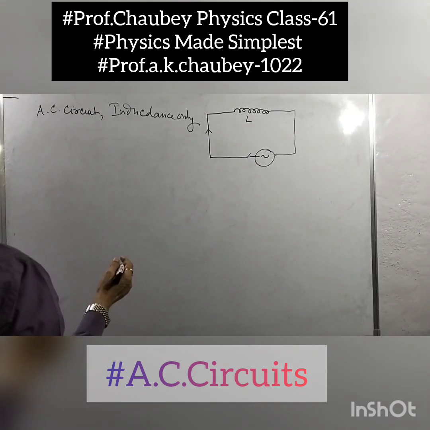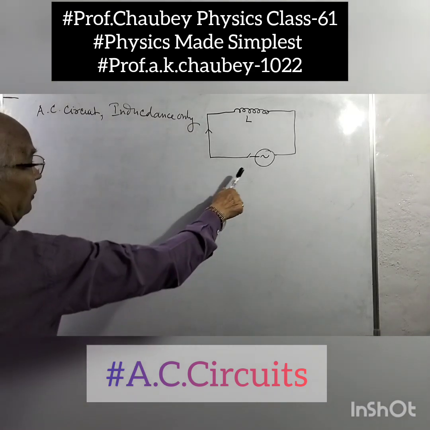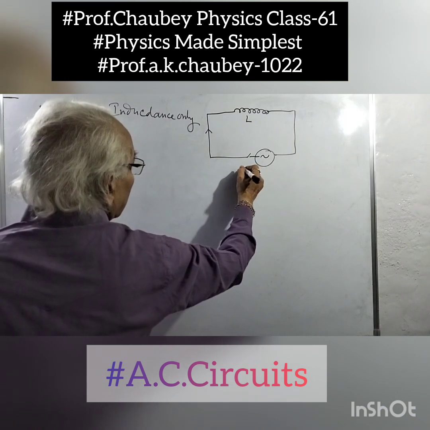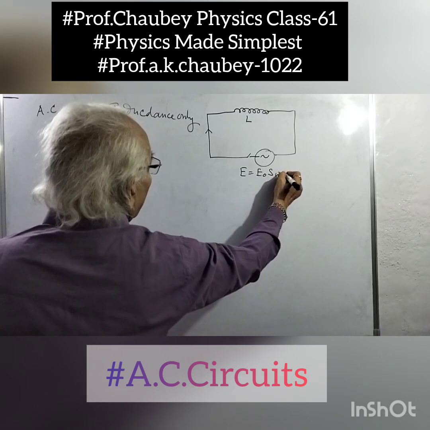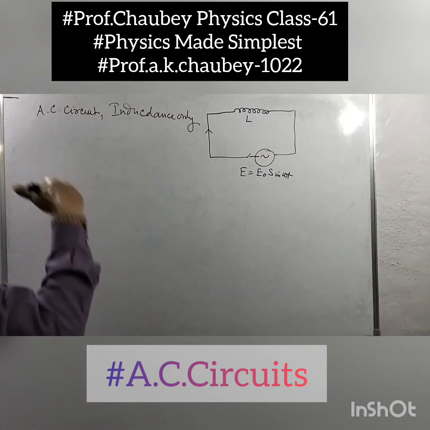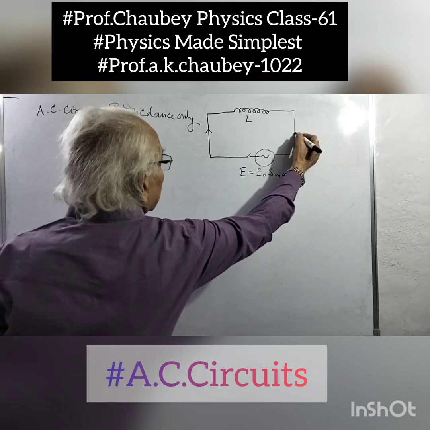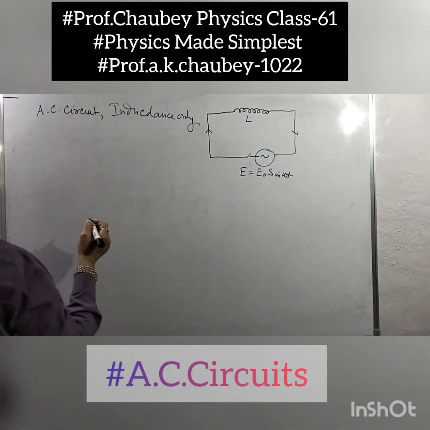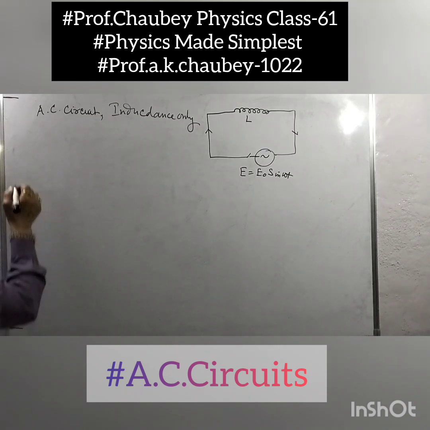So we can now say, when potential E is equal to E naught sin omega t is applied here, current starts flowing immediately, and then the current, say, is opposed, meaning an opposite current. So what is the EMF produced?